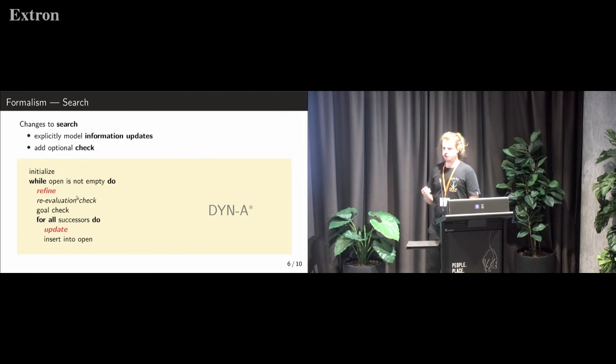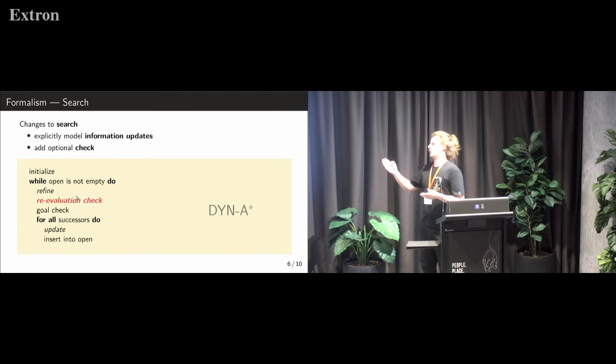The second part we need, which we'll see in a second why it is relevant, is to add an additional check before we expand the state, to see whether we actually want to expand the state right now based on the heuristic value. One weird thing that can happen here that doesn't happen in the classical case is that the heuristic value for a state changes between the time where we put the state on the open list and where we pop the state.